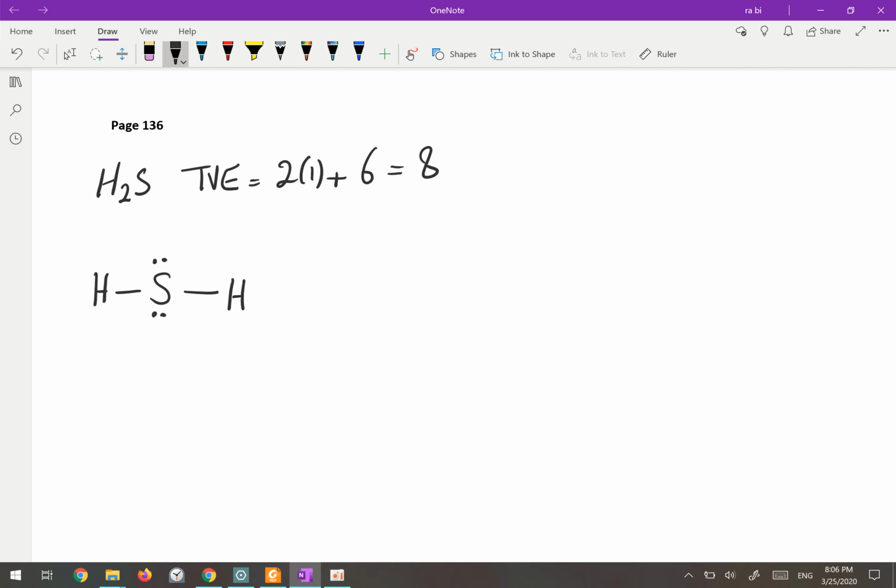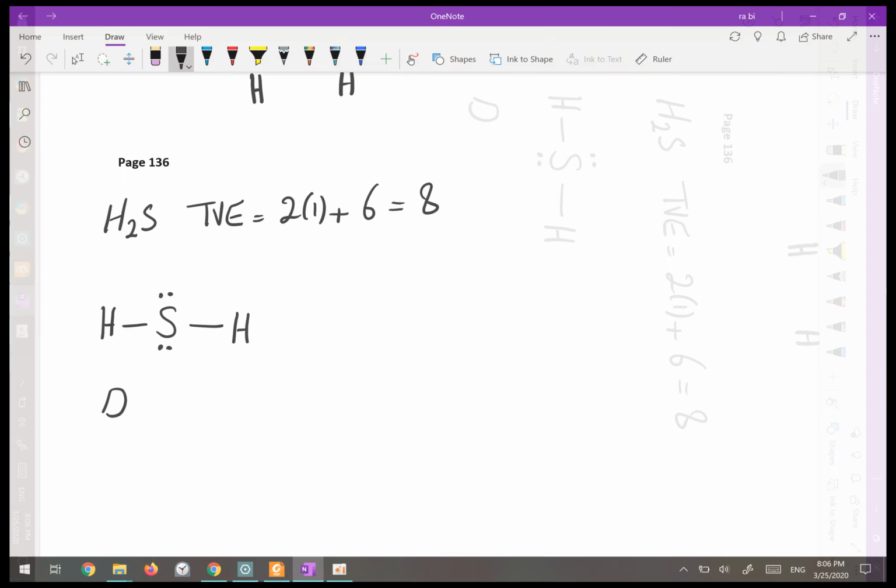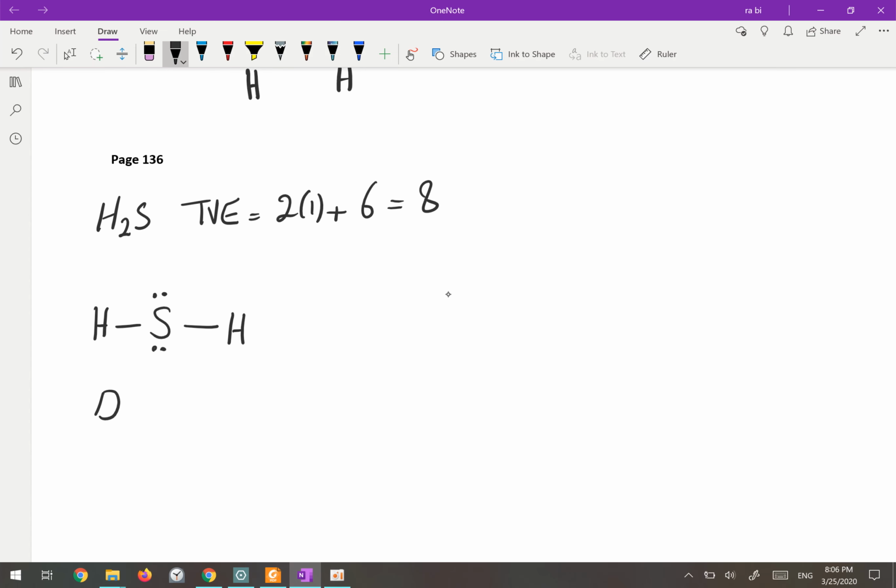So let's find the domains for that. How many domains do we have? 1, 2, 3, 4. We have 4 domains around the central atom. 2 of them are bonds, 2 of them are lone pairs, so totally 4 domains.